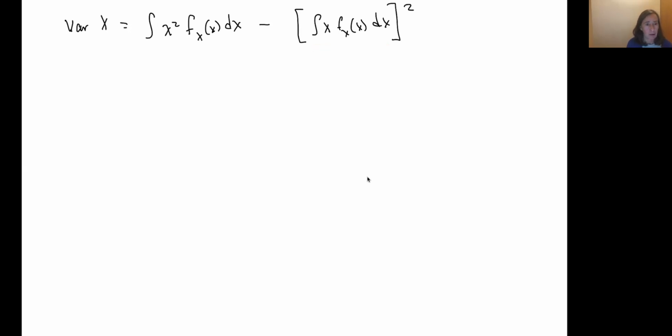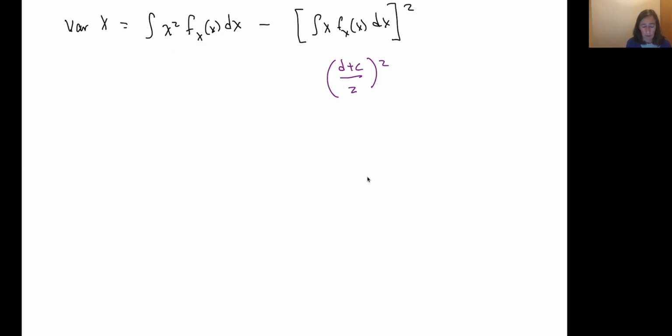We just found this, right? This is (d plus c) over 2. We just found the expected value, and we're squaring it. So the second term of the variance we've almost always gotten from finding the expected value somewhere else, but now we have to evaluate this integral.